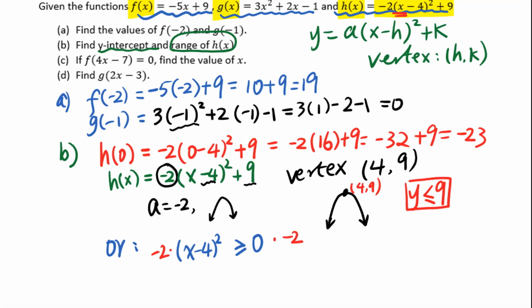You will get negative 2 times (x minus 4) squared less than or equal to 0, since 0 times negative 2 is 0. Because we multiply by a negative number, that's the reason we switch the symbol. Then next step, we will add 9. So I add 9 here.